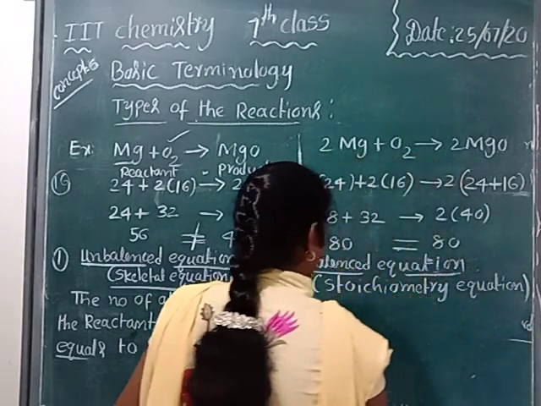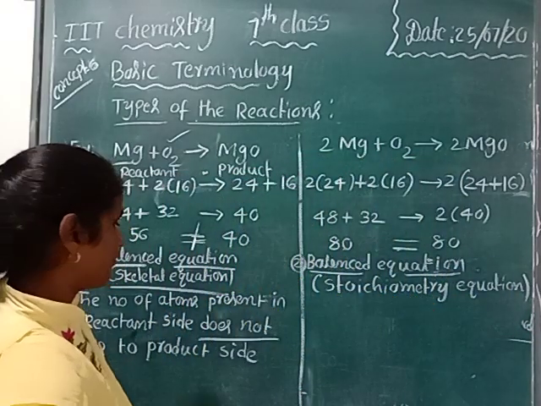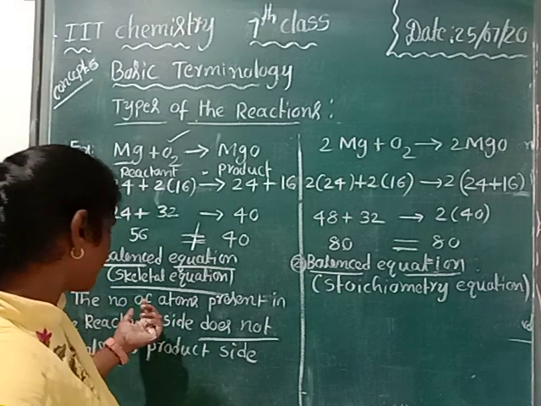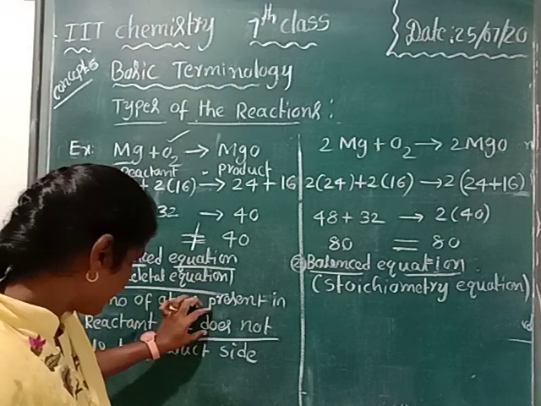What is the definition of a balanced equation? Another name is stoichiometry equation. It is the same definition with just a little variation.